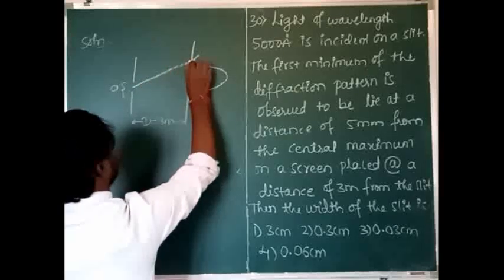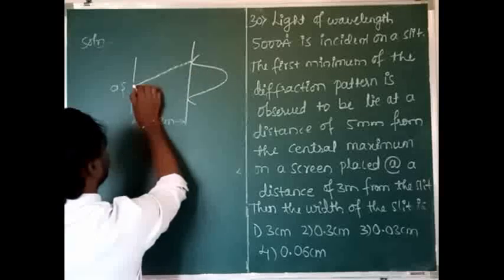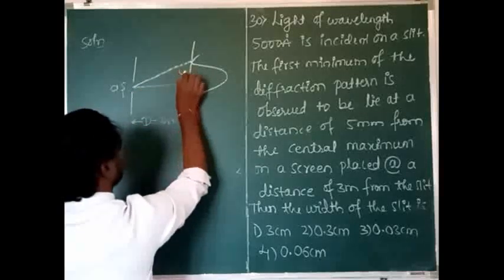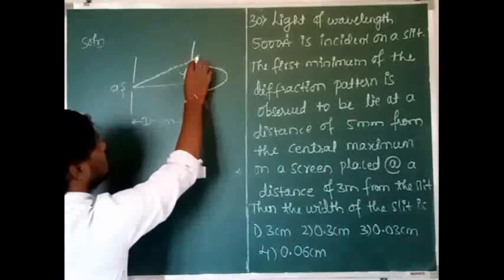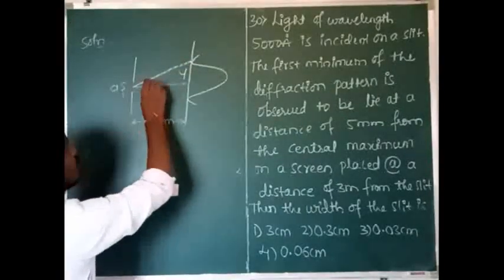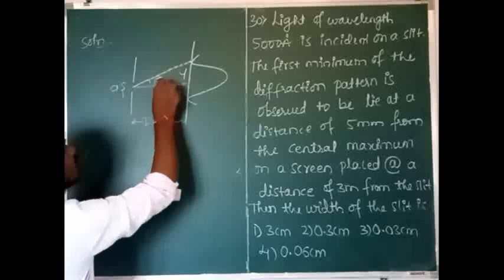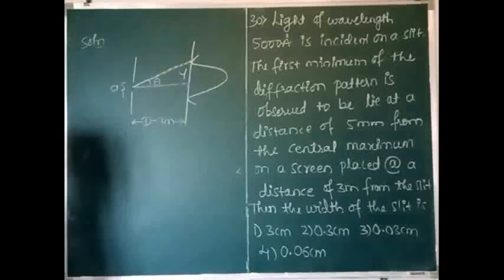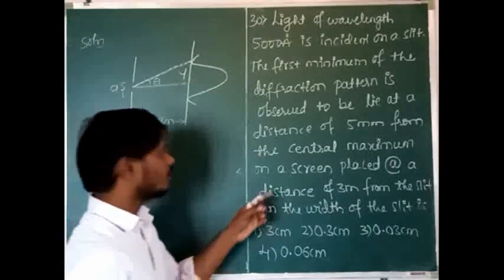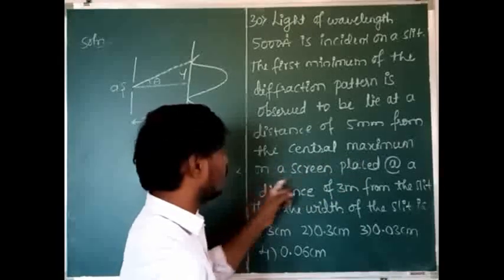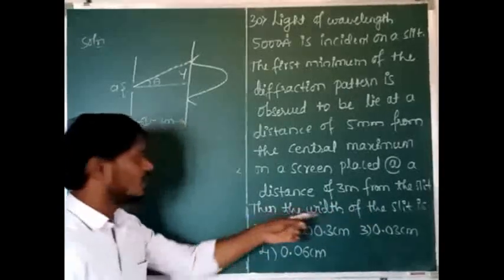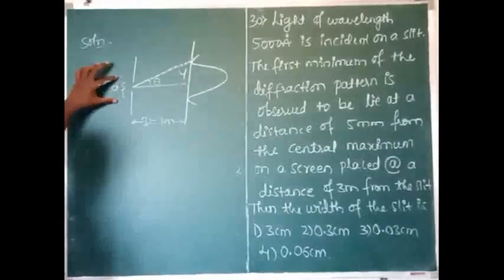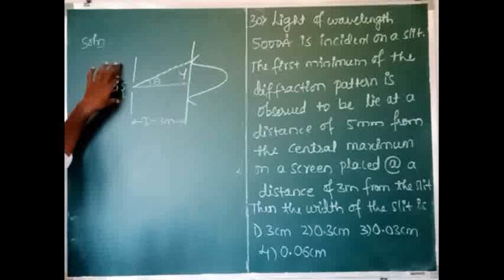The distance of the first minimum from the central maximum can be represented by y. The angular position of the first minimum with respect to the single slit is theta, the angular position of the dark fringe. We have to find the slit width.